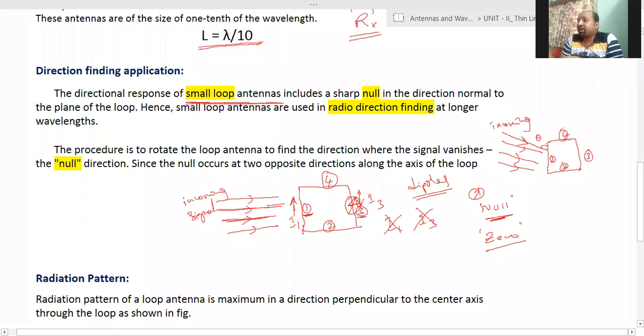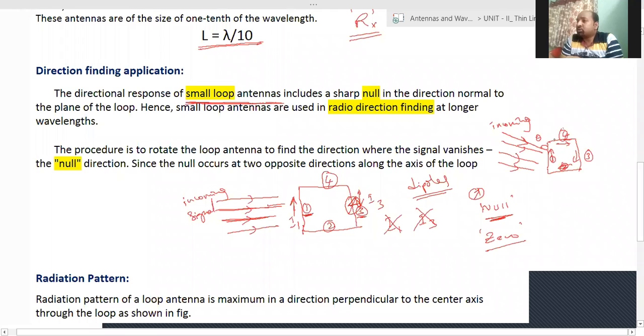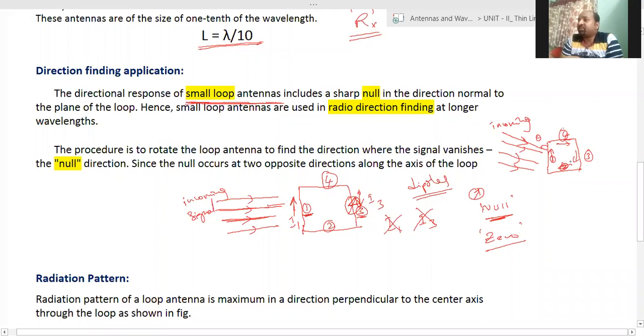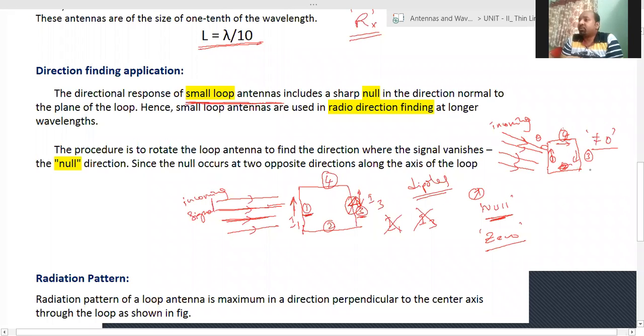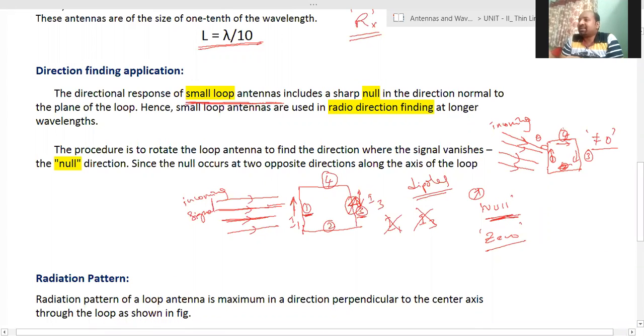So some current will be induced in all sides: side 1, side 4, side 3 and side 2. Therefore, the overall current will not be zero, so the meter indicates some value, which means it is not the direction of the incoming signal.